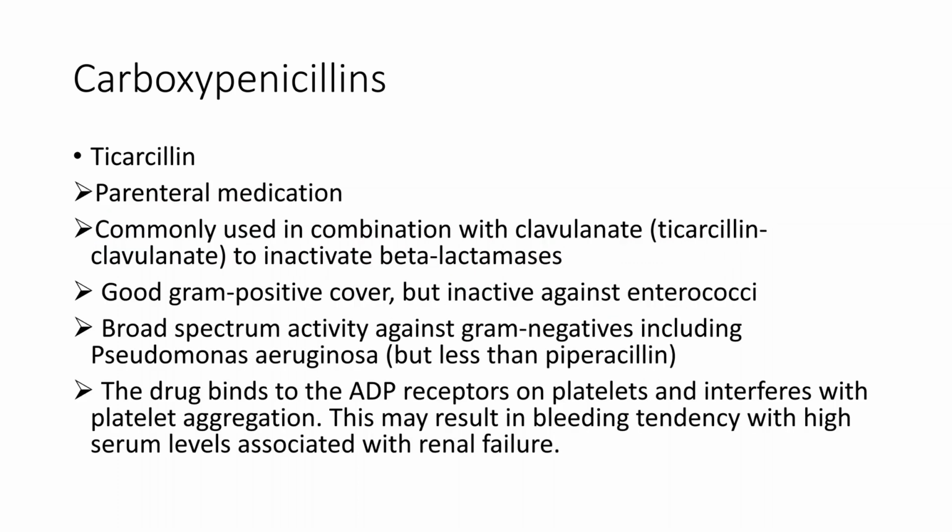It's a parenteral medication; you have to give an injection. Sometimes it's combined with clavulanic acid, the ticarcillin clavulanate combination. Clavulanic acid inhibits beta-lactamases, so it will be effective for beta-lactamase producing strains.